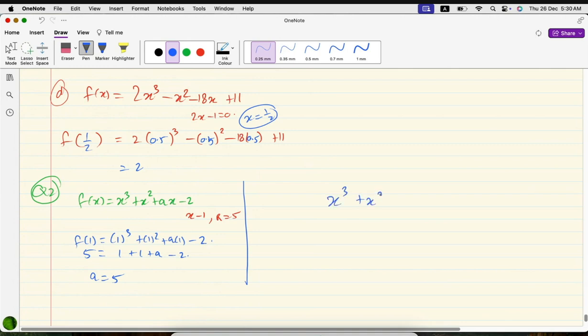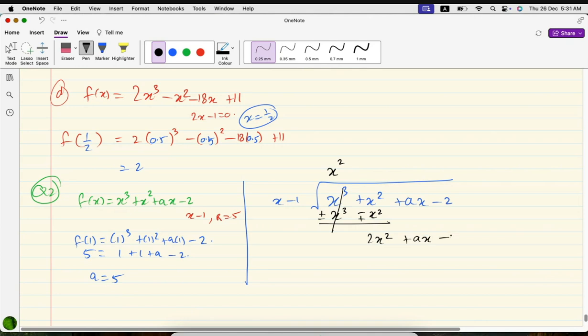Now the long division method: x cube plus x square plus ax minus 2 when divided by x minus 1. First step is x square. x into x square is x cube, minus x square, minus, minus plus. Cancels out. That's 2x square plus ax minus 2.